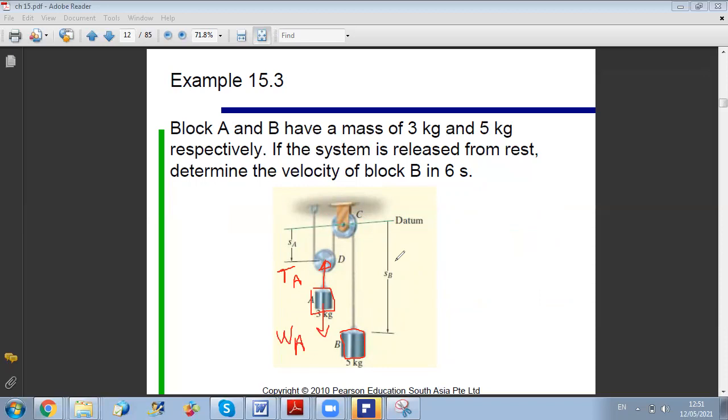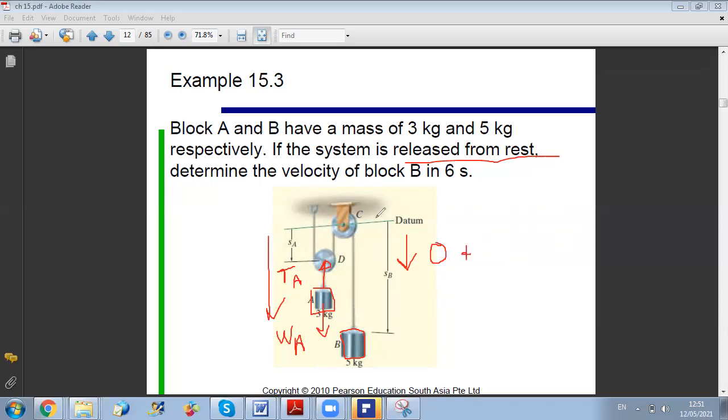Okay, so here you have first block A. If I want to write the impulse and momentum, I take the positive direction downward, like the coordinate they took. So if I write linear impulse and momentum on A, what do I get? They told me that the system is released from rest, so the velocity of A at state 0 is 0, and the same for B. So I have 0 plus, what are my forces here?